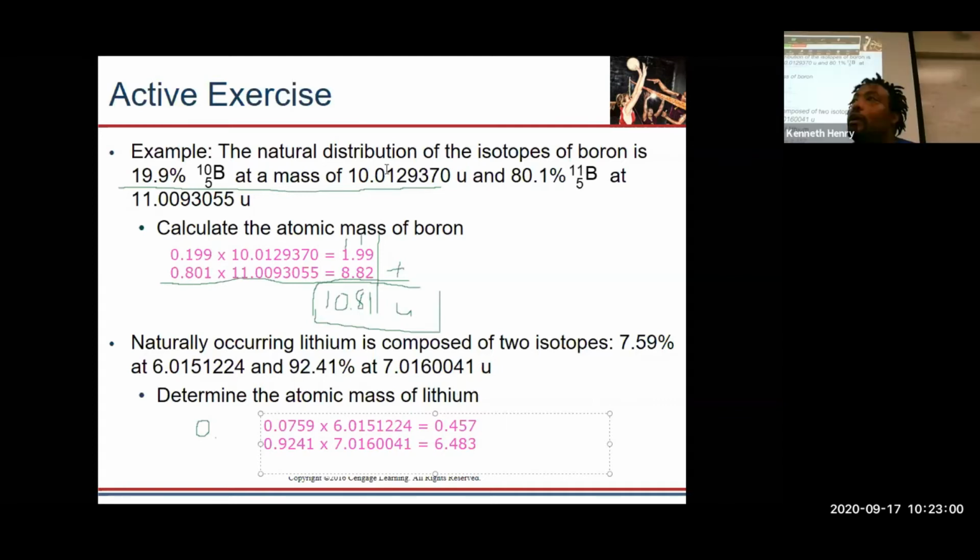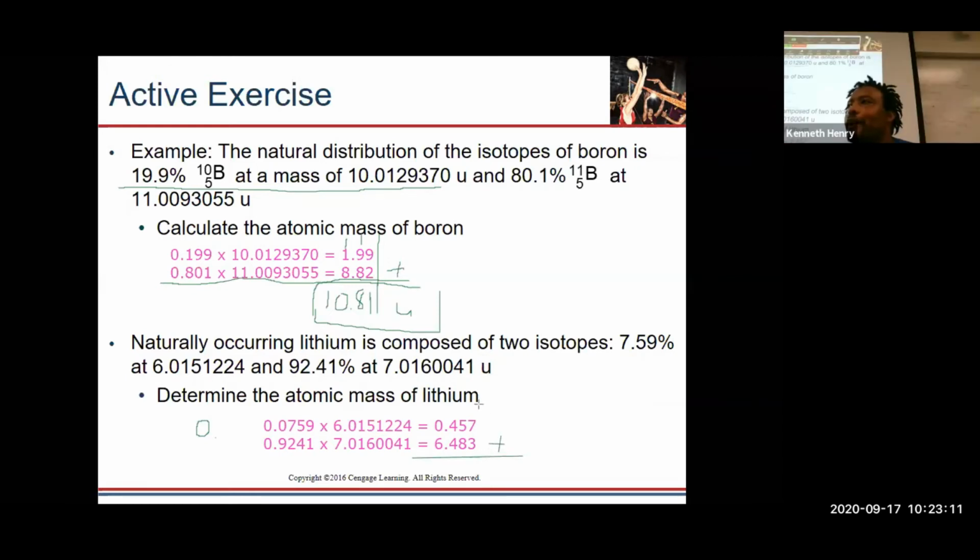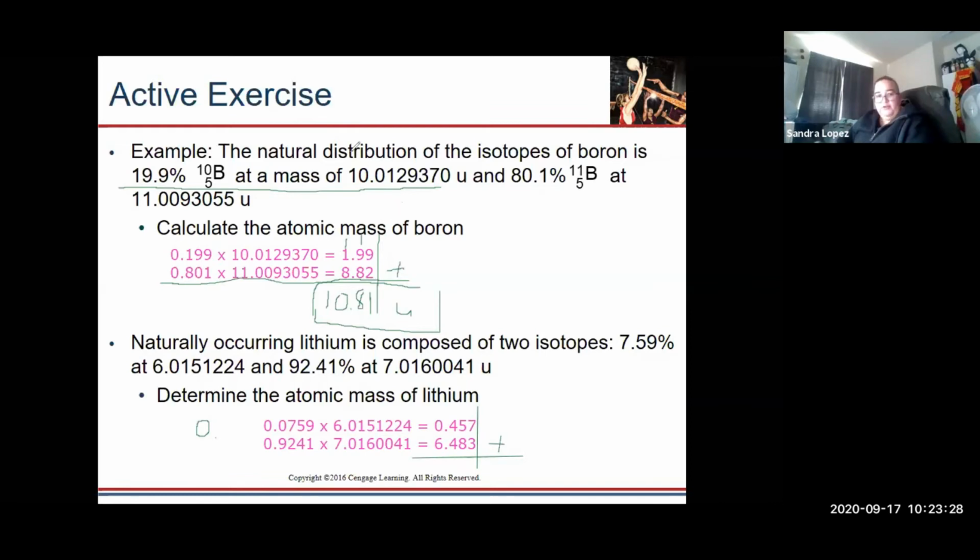Okay, so when I add them up, where are my lines? At the end, so I only have one line to worry about. Oh, I like that. Okay, so what do you guys get? 6.940.